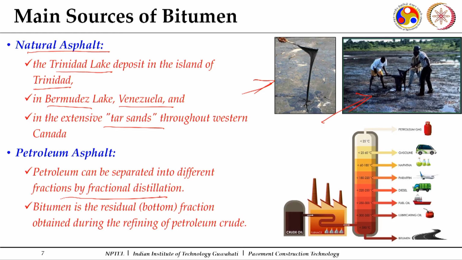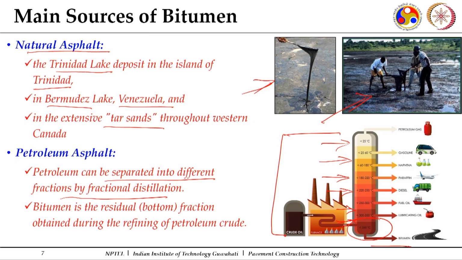This is obtained by separating out the different fractions of petroleum crude. You can see this is a distillation chamber, where different fractions are separated out at different levels. The one obtained at the lowest is the residuum, which is your bitumen.